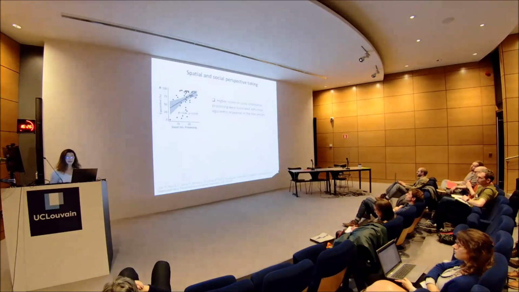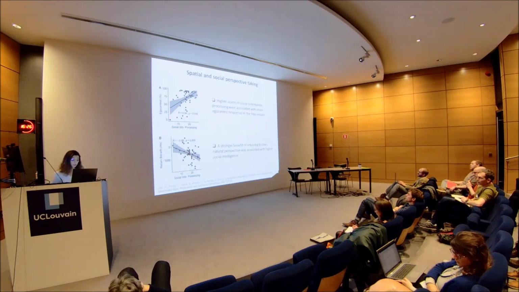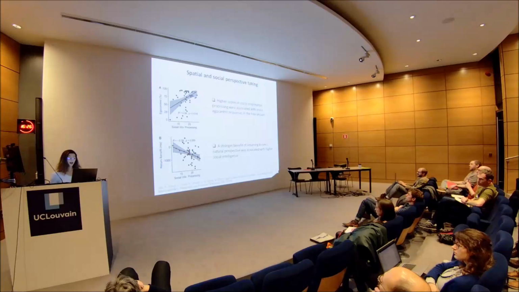So this suggests that the ability to understand and predict information regarding social relations is related to a strong natural perspective. A stronger benefit of returning to one's natural perspective was associated with higher social intelligence.